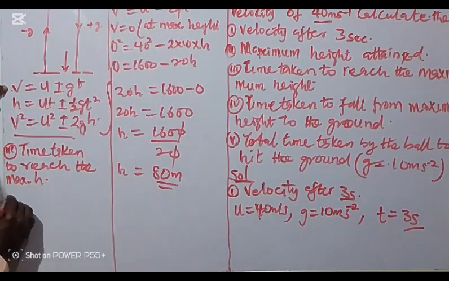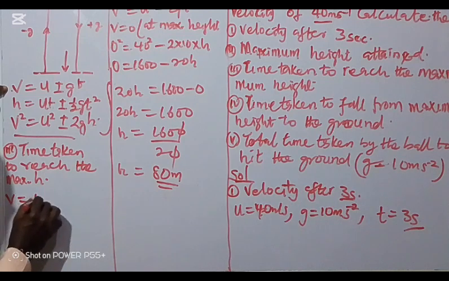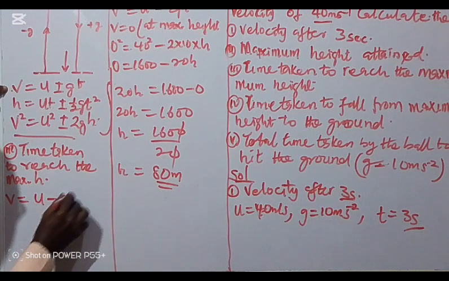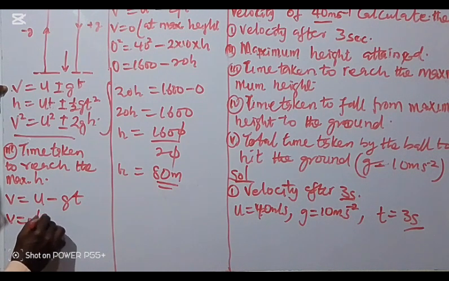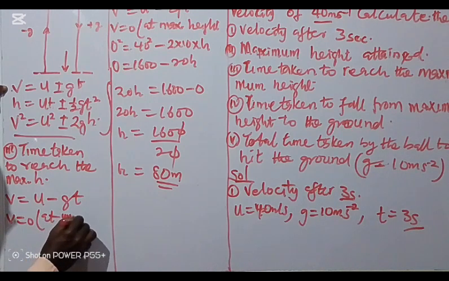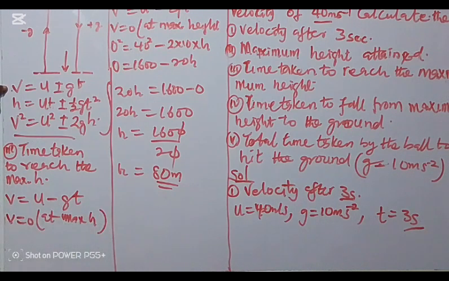equation 1. And this one will now give us V is equal to U minus gt. Don't forget, our V remains the same. V will be equal to 0 at maximum height.